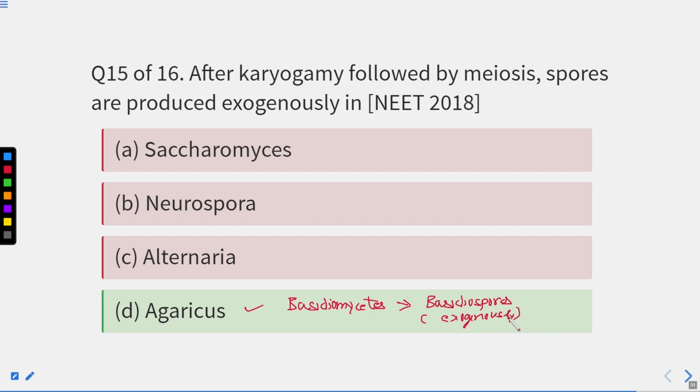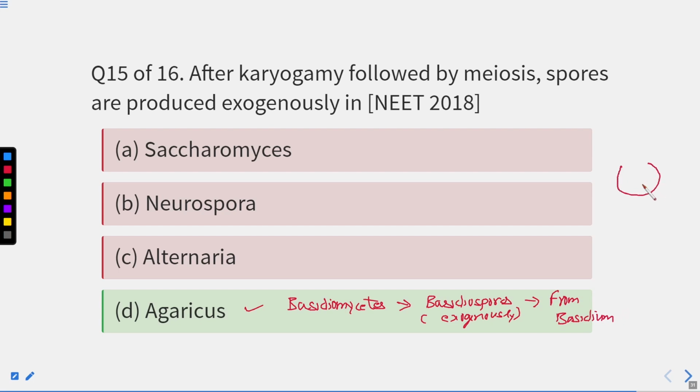They are produced exogenously from what? From the basidium. I'll show a rough diagram here.